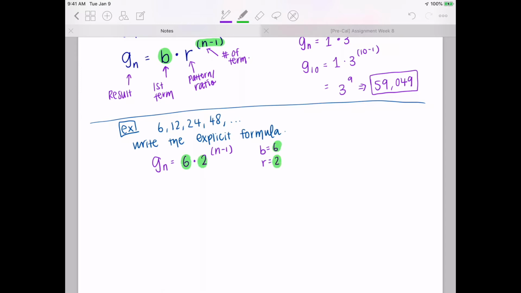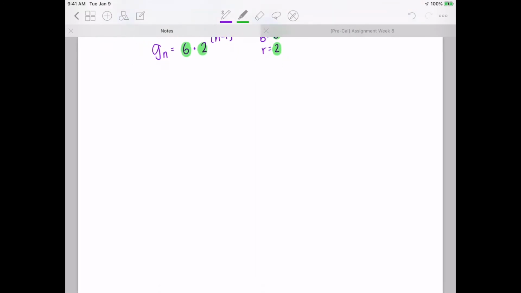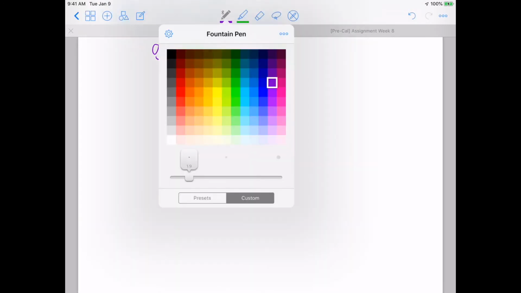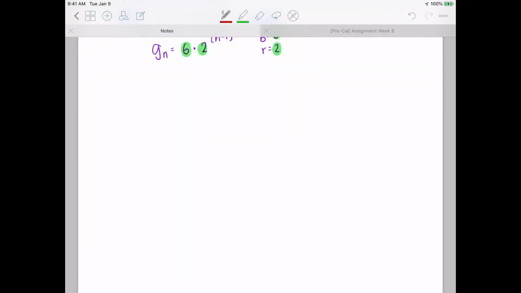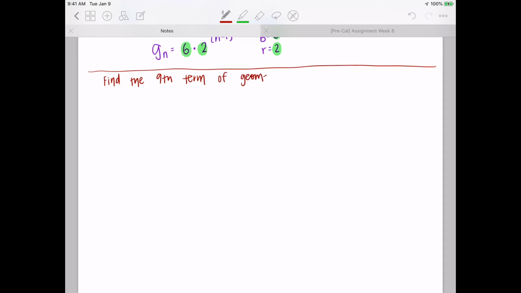Okay, let's do some word problems. Let's look at: find the 9th term of a geometric sequence, and you're given the 4th term is 4 and the 7th term is 5.